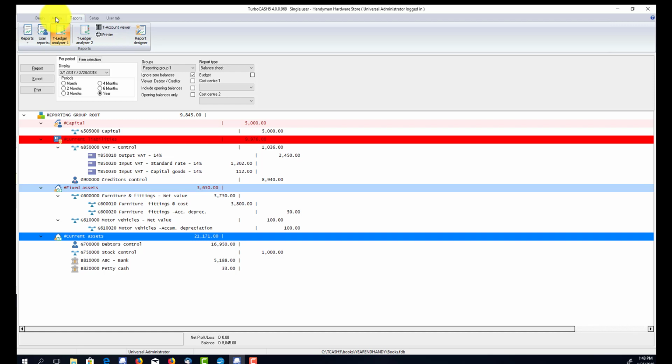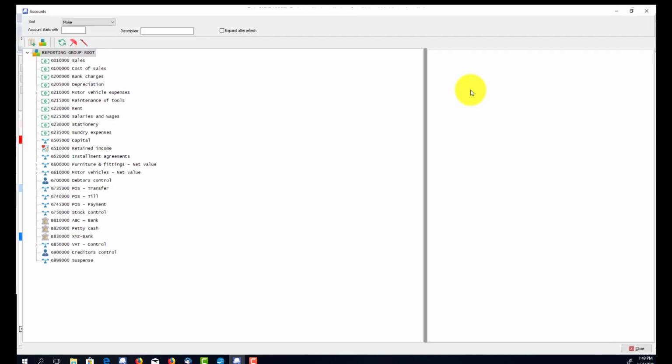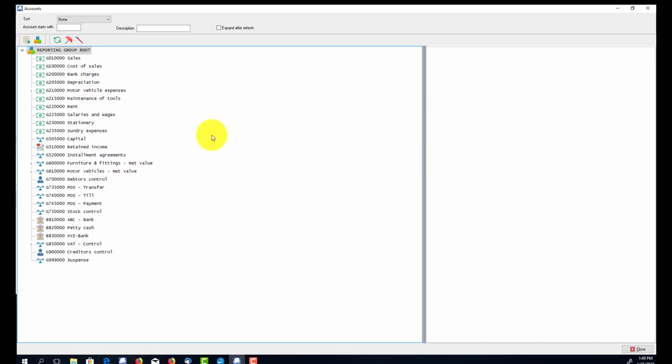If I look at this in the accounts utility, this is what a chart of accounts looks like for this particular handyman. It's got my income and expense accounts, which are sales, cost of sales, bank charges, and here come the expenses.